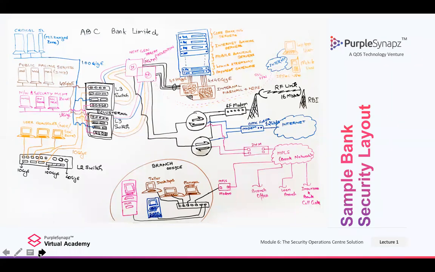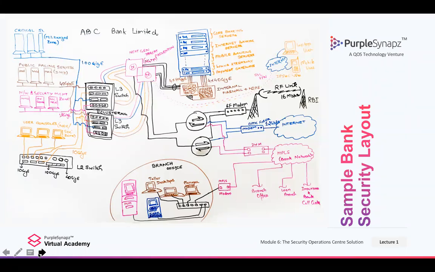If you look at the bottom of this sheet, there is a branch office shown. It has an ATM machine, a teller machine, some desktops, a manager's laptop, and some kiosks where you can interact about the different services and the portfolio which a bank offers. They are all connected on a layer 2 switch and through an MPLS modem.